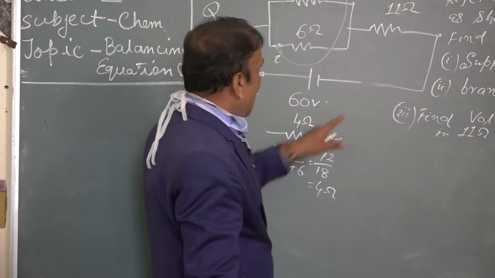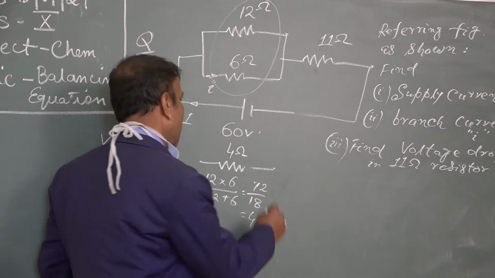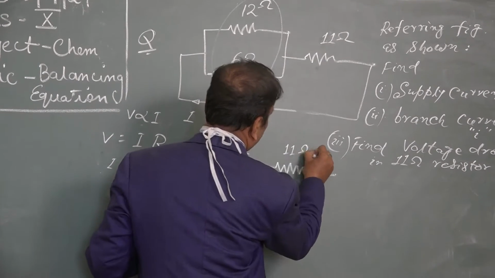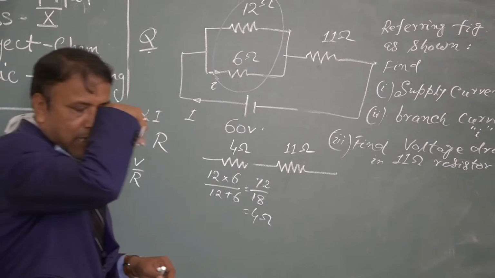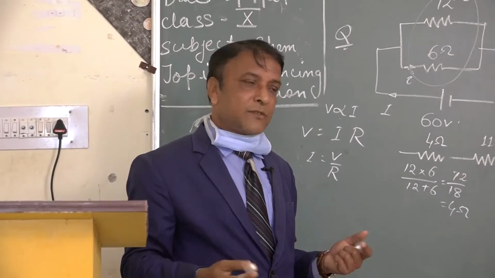Okay. Next. Another 11 ohm is already there with it, so you keep it. Now, this 4 ohm and this 11 ohm, are they in series or parallel? Very good.